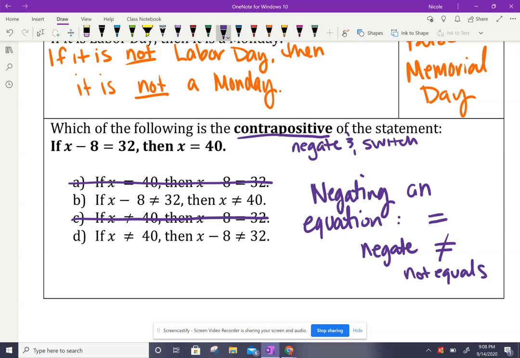If I look at B, I still have x minus 8 at the front. That is not switching places. So my answer has to be D, which has x doesn't equal 40 and x minus 8 does not equal 32, switched into the proper positions.